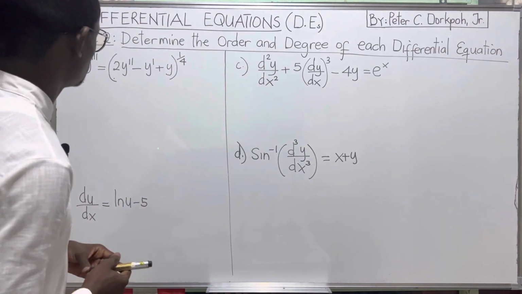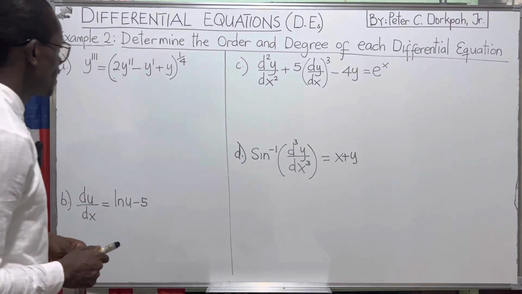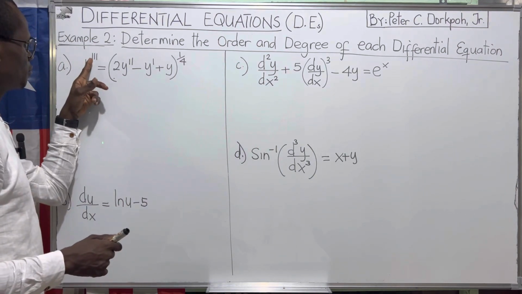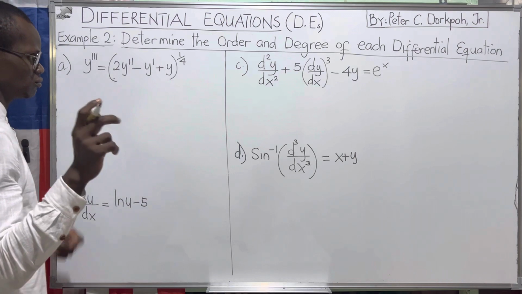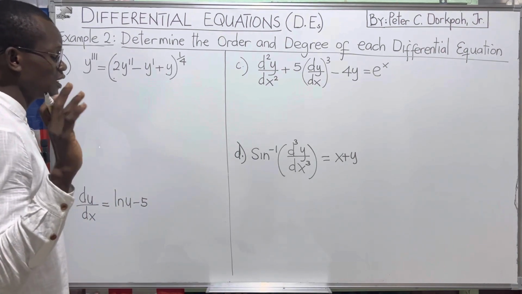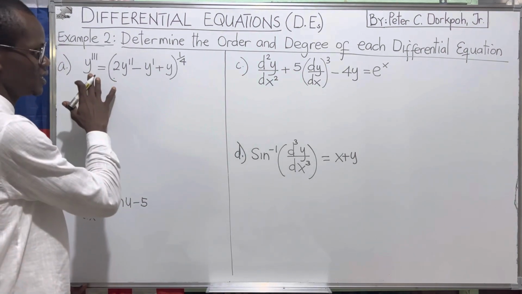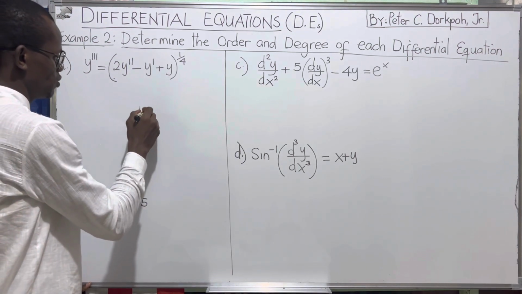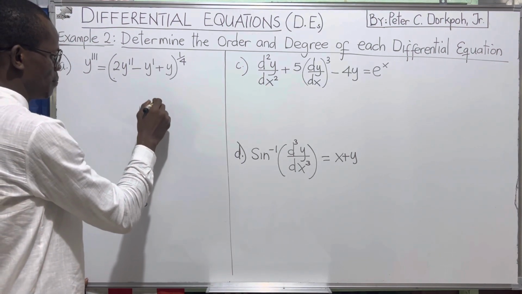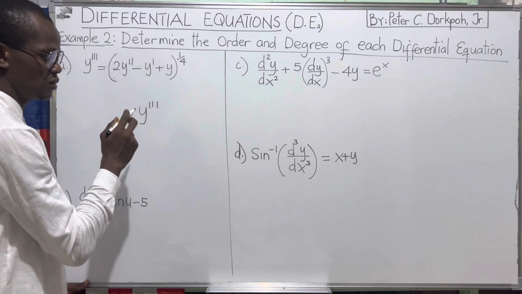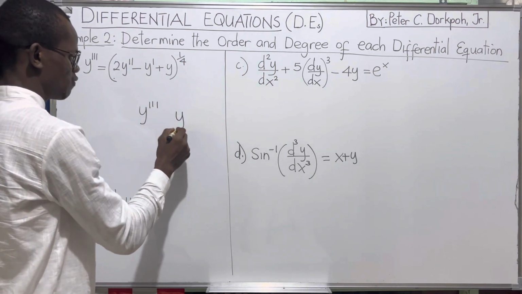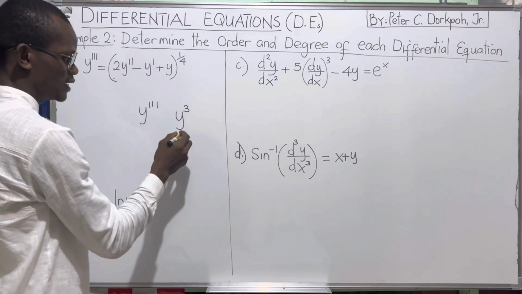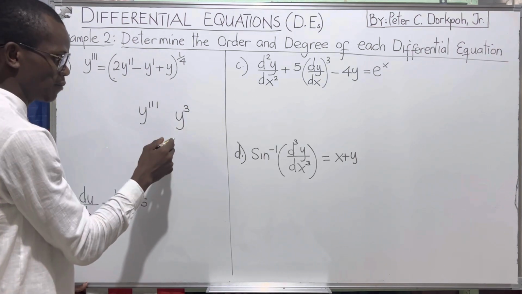So now we have the first problem. The first problem says y prime prime prime. Even though it's not really important, I just want to highlight it. Whenever you have prime, prime, prime, it indicates the third derivative. Whenever you have y raised to the third power, it indicates the power of y.